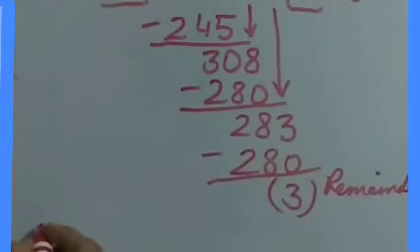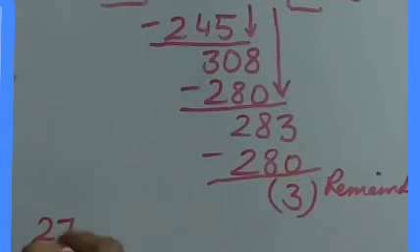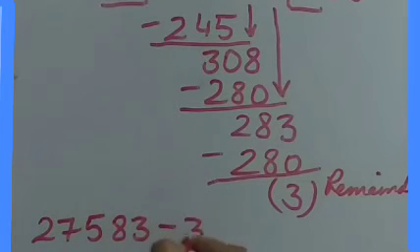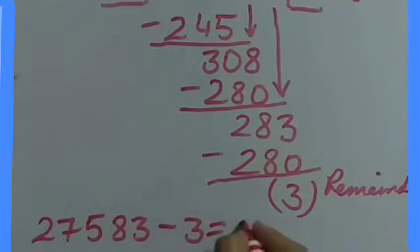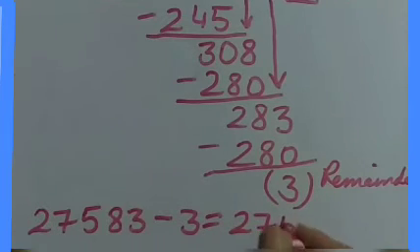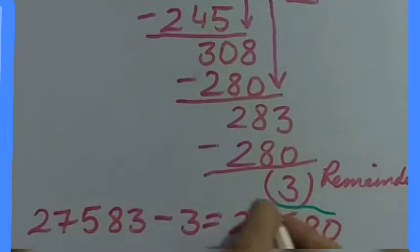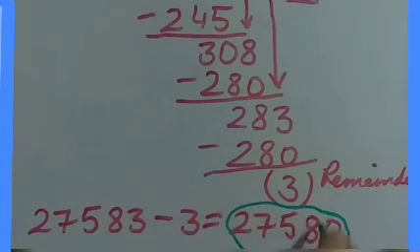So if I subtract 3 from 27,583, the answer is 27,580. That means this number is exactly divisible by 35. So which number will I subtract from that?